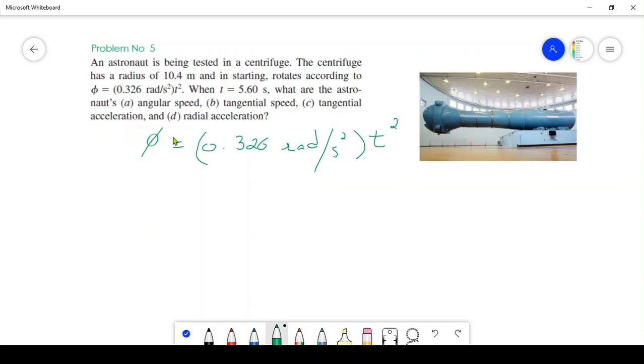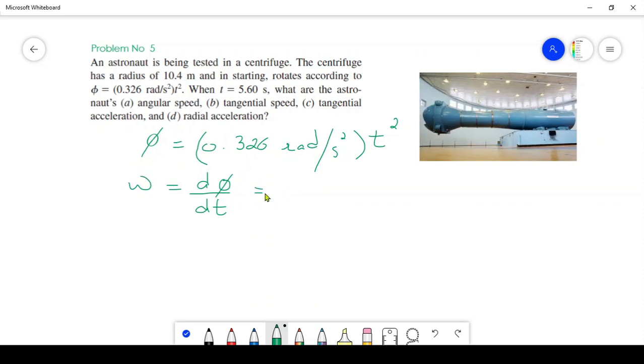Now if we want to find the value of angular velocity, we need to take the derivative of angular displacement. So angular velocity is the time derivative of angular displacement. If I plug in the value of angular displacement in this relation and take the derivative, then I would get the value of angular velocity.